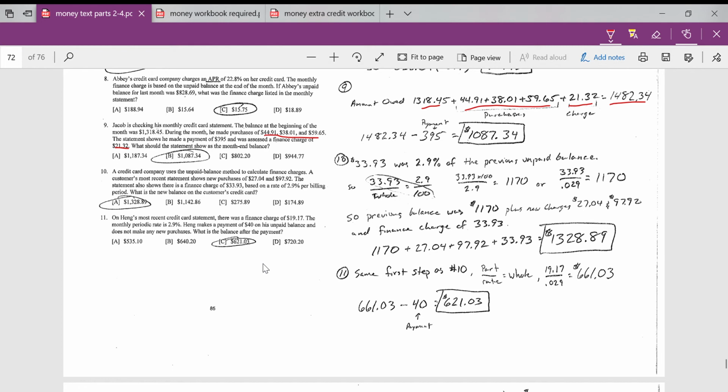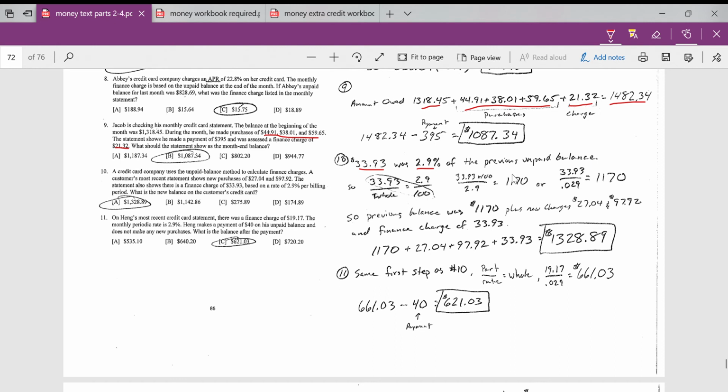So what I did first was actually figure out what the balance was before. They don't tell us what the old balance was. We can figure it out though, because they tell us that the finance charge was $33.93, and they got that by using 2.9% of the previous unpaid balance.